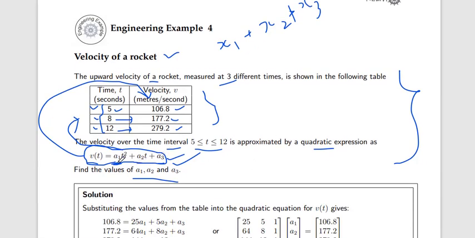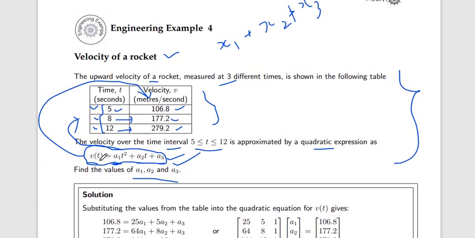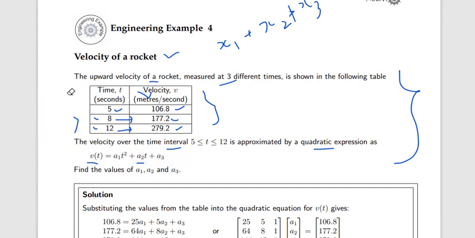Now here it is only one linear equation, but we want three or more equations so that we can make a matrix. So how do we get them? First, at 5 seconds the velocity is 106.8.